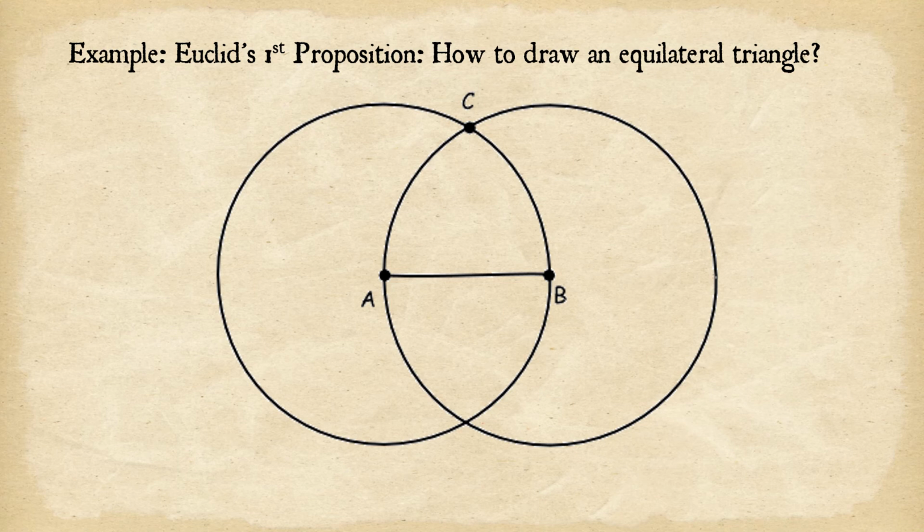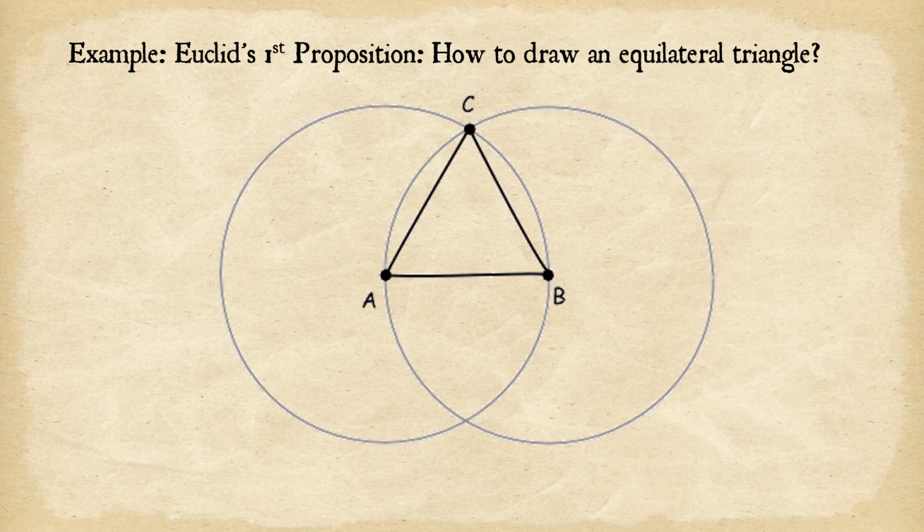Now, since C is a point that falls on the circumference of the first circle and the second circle, we can show logically that it's the same distance from each center. The line from A to B is equal to the line from A to C, because C is on the circumference of that circle, and that's equal to the line C to B, because the point C is also on the circumference of that circle with B at the center.